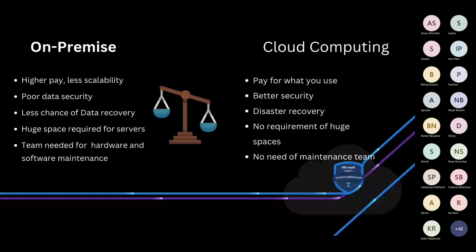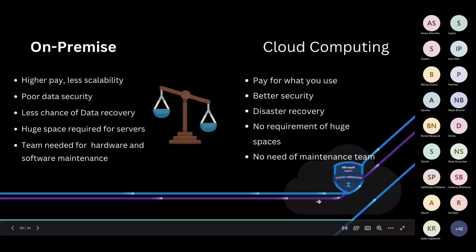Then we talk about the lower chance of data recovery in on-premise, data replication, or we can say if the hardware is damaged or everything is damaged, it takes longer, and it is not cost efficient for data recovery. Whereas in cloud computing, it is very easy to recover the data, you can store the data easily, and there is disaster recovery.